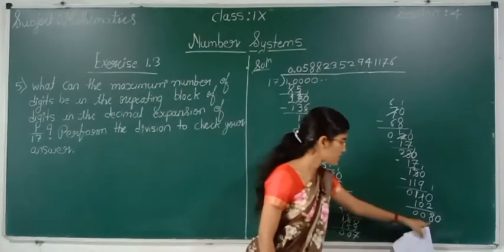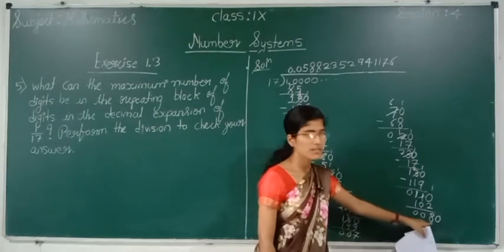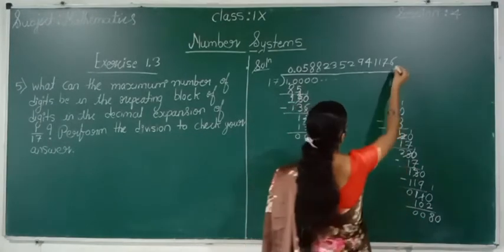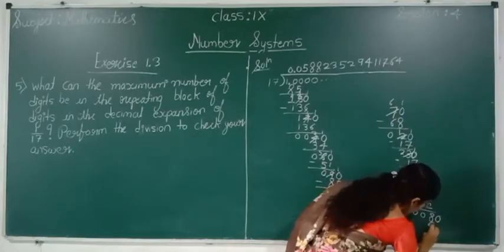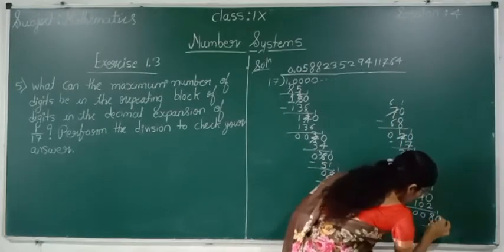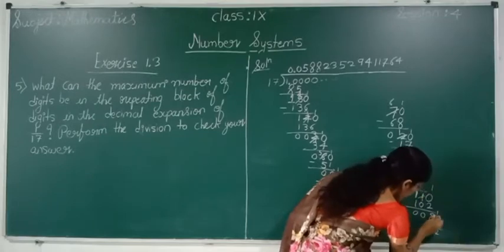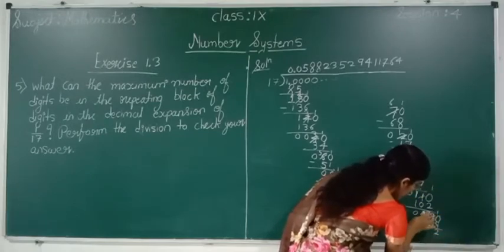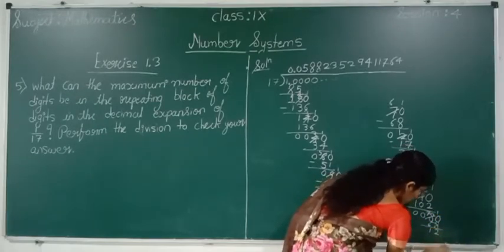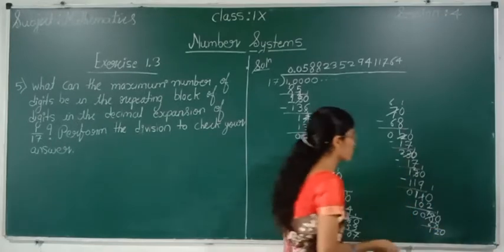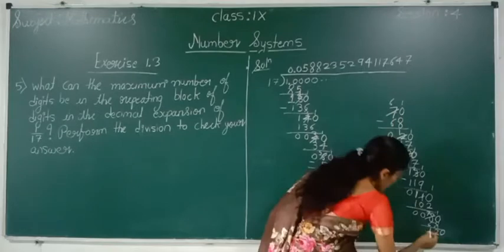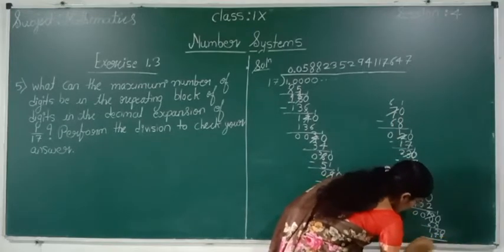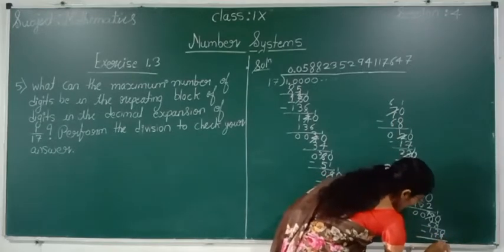You have to select a smaller number. 17 4s are 68. 10 minus 8 is 2. Here 7 minus 6 is 1. Now it will become 120. 17 7s are 119. 120 minus 119 is 1.